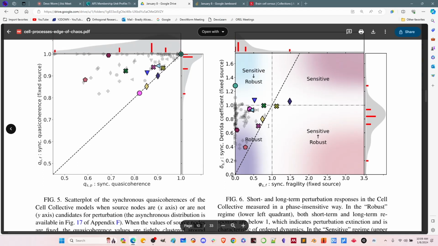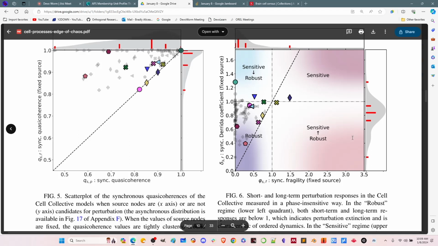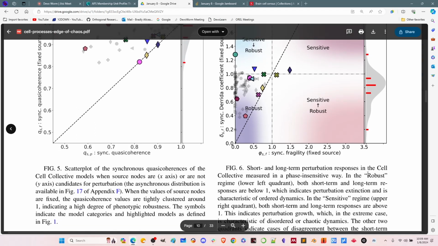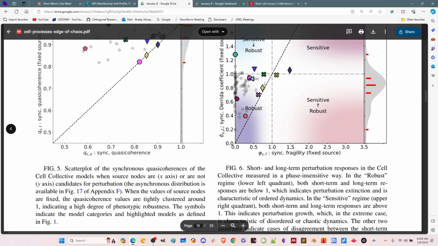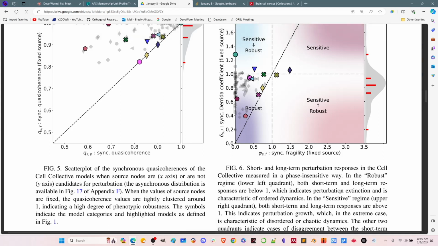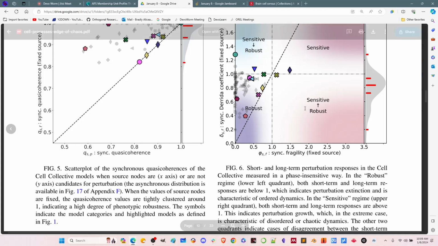In the robust regime, lower left quadrant, both short-term and long-term responses are below 1. So that's for this Derrida coefficient, synchronization coefficient, which indicates perturbation extinction and is characterized by ordered dynamics.